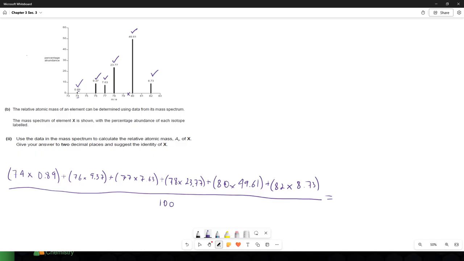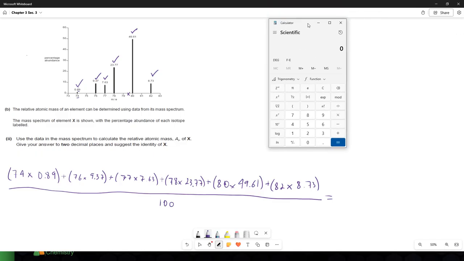Let me bring up a calculator here, our scientific calculator.